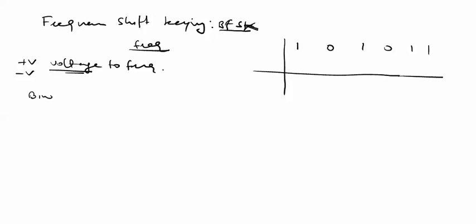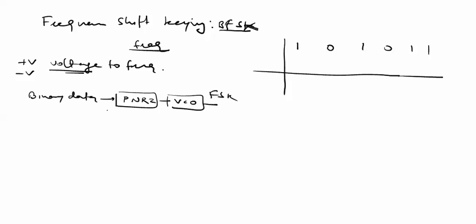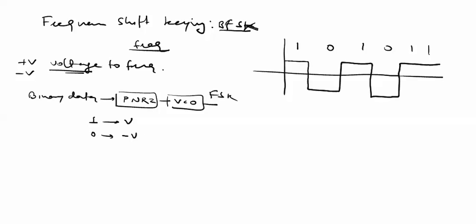Then we use binary data, polar NRZ, VCO, FSK. 1 represents V, 0 represents minus V. Polar NRZ: I can draw polar NRZ as V, minus V, V, minus V, V and V.